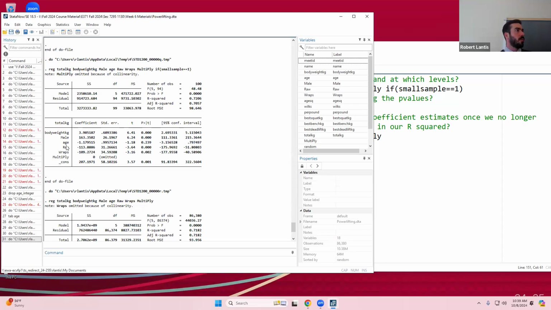So how much more compared to the RAPS meet would you expect the total weight lifted to be at a multiply meet? Just the difference, which here is 0.109, so it would be 109 kilograms more. The values are already there, because those coefficients are always comparisons to that zero group. This coefficient tells you how much less weight you could expect from these other categories, but that's the same as saying how much more weight you could expect from the category you're in. Is that what you were asking? Yeah. Okay.